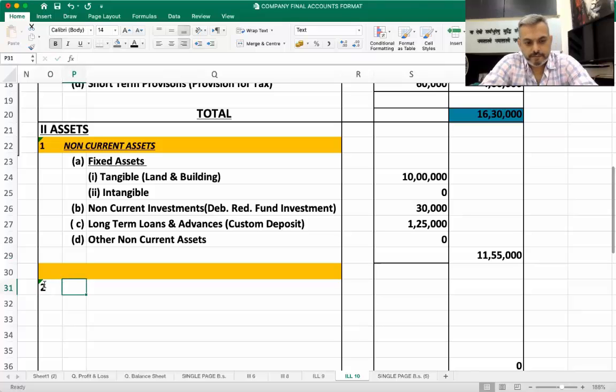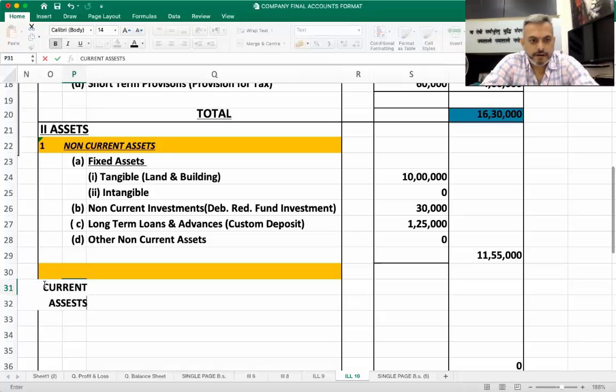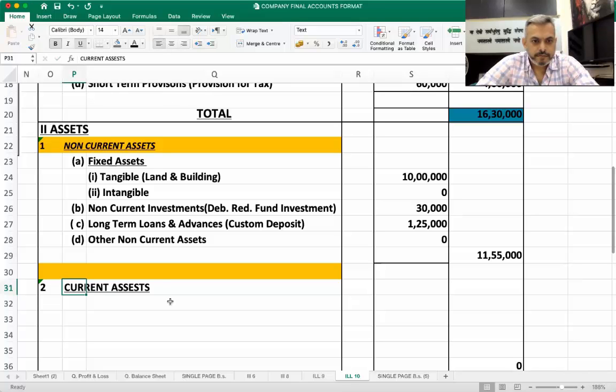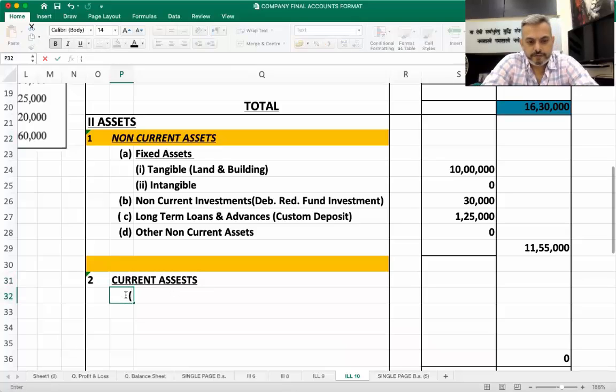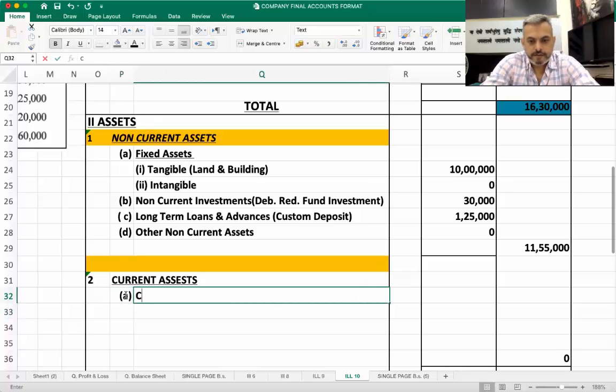Second, current assets. Current assets. We start with the first one, A. Current investments.